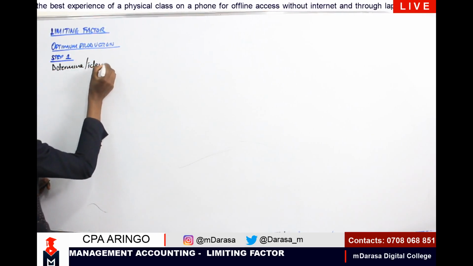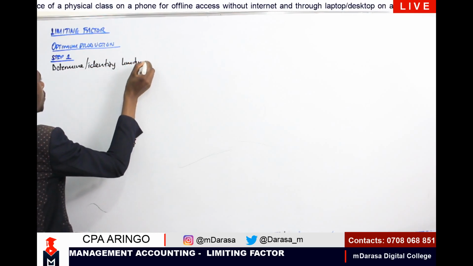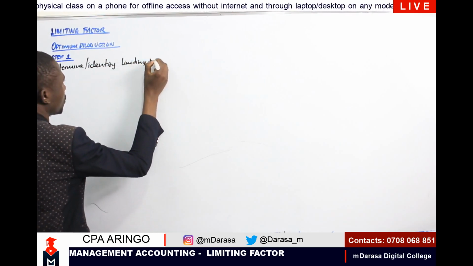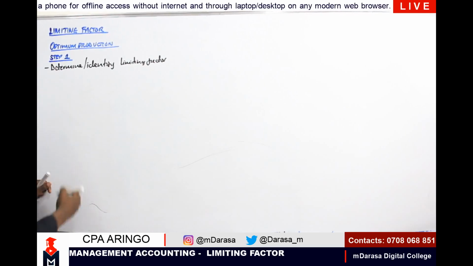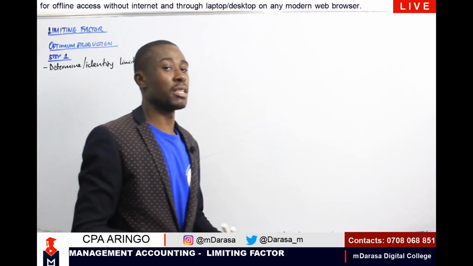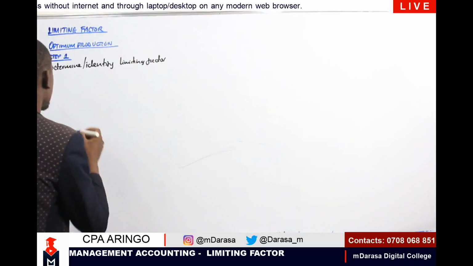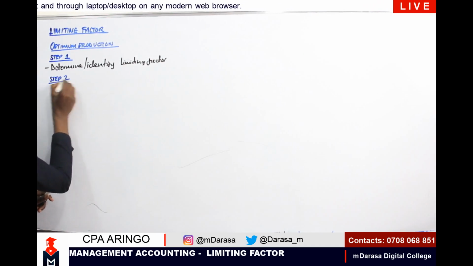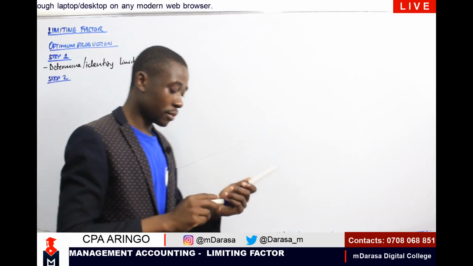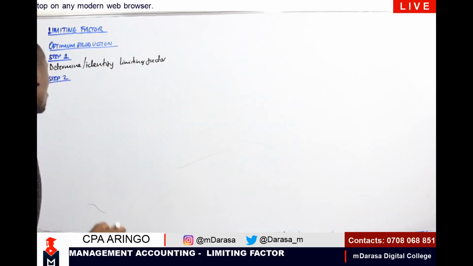Determine or identify the limiting factor. And of course, we've explained what a limiting factor is. Step number two, my good students, what you need to consider is to determine the contribution margin for each product.